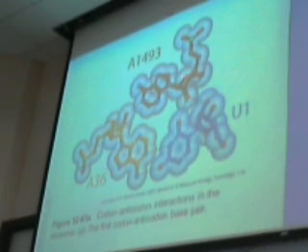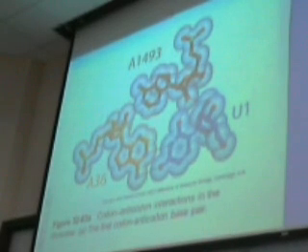And this base on the ribosome, A1493, helps to align this for correct alignment. It's not a specific type of interaction because it has to help all of the types of codons involved, because it has to be general, but it does help to align them properly. That's the first codon, or the first base pair.